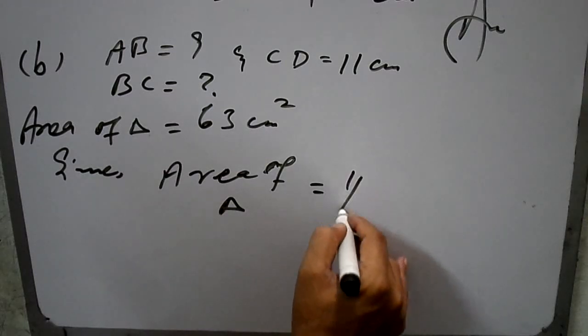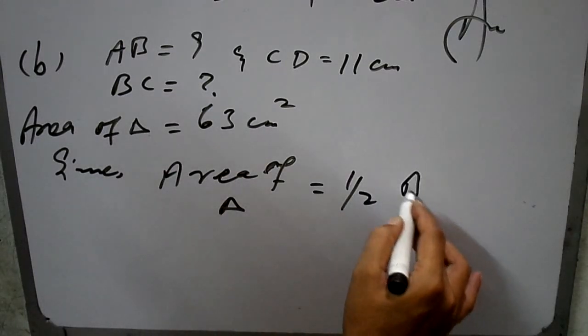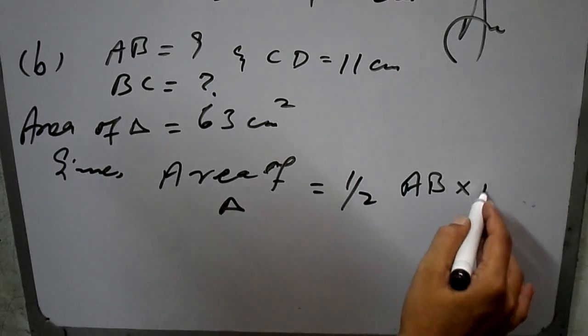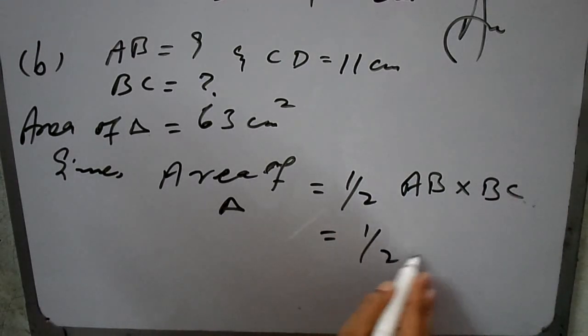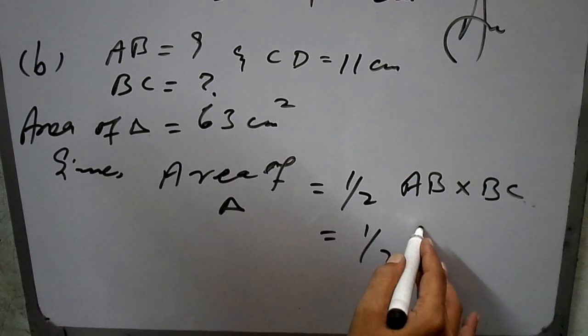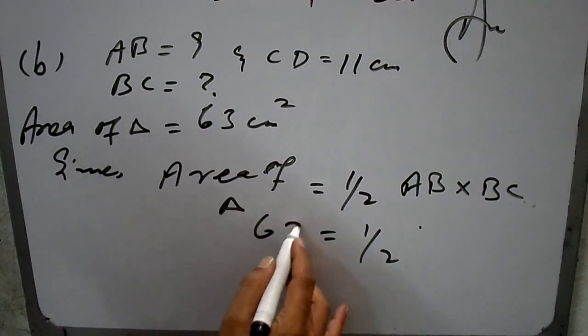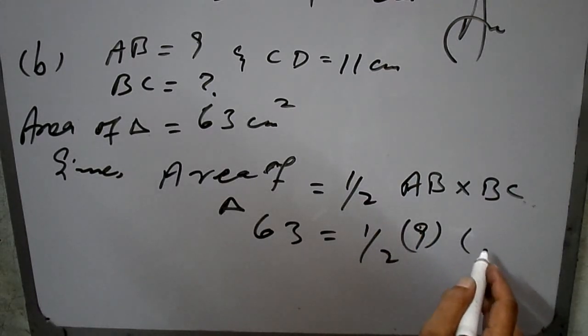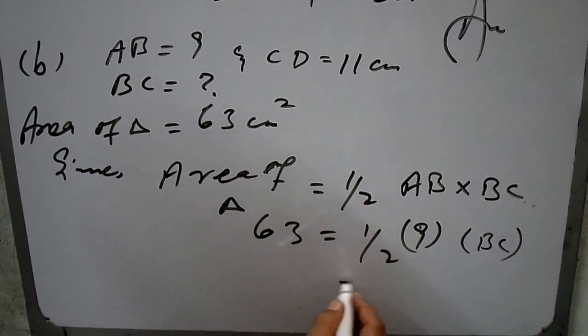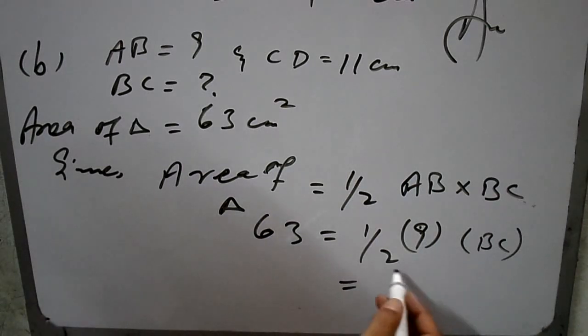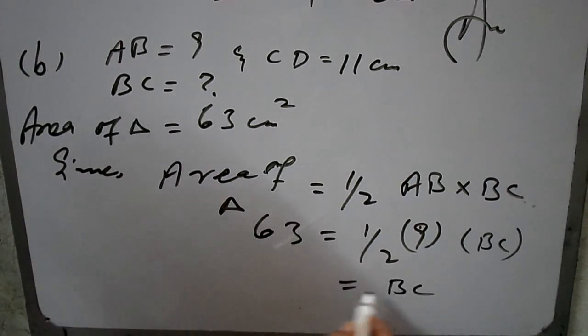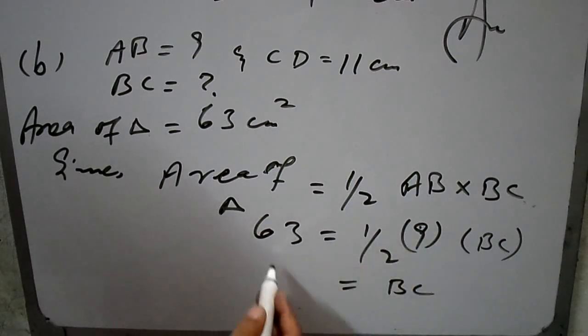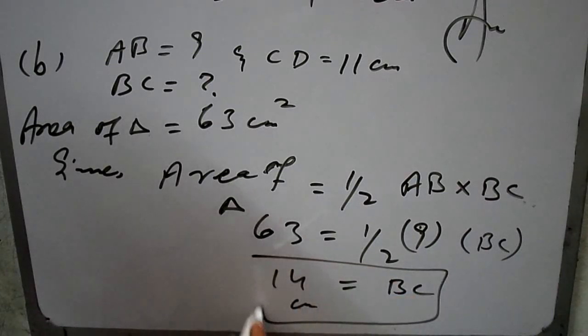So half into AB, and the area is 63, AB is 9, BC we have to find. By using cross multiplication, the value of BC is 63 multiplied by 2 divided by 9, you will get 14 centimeters. So that is your BC.